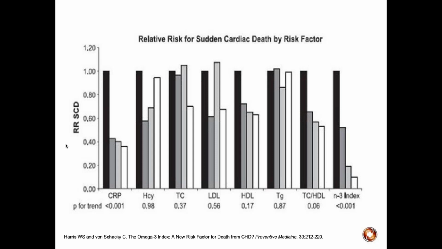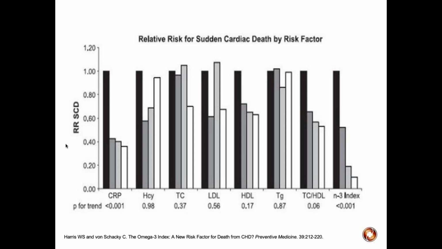And you can see that the highest risk for sudden cardiac death by risk factor is, in fact, for a very, very high level of omega-6 to omega-3 ratio. And you see that here at the far right. In fact, it's a stronger relationship than you get for C-reactive protein, which is at the far left.